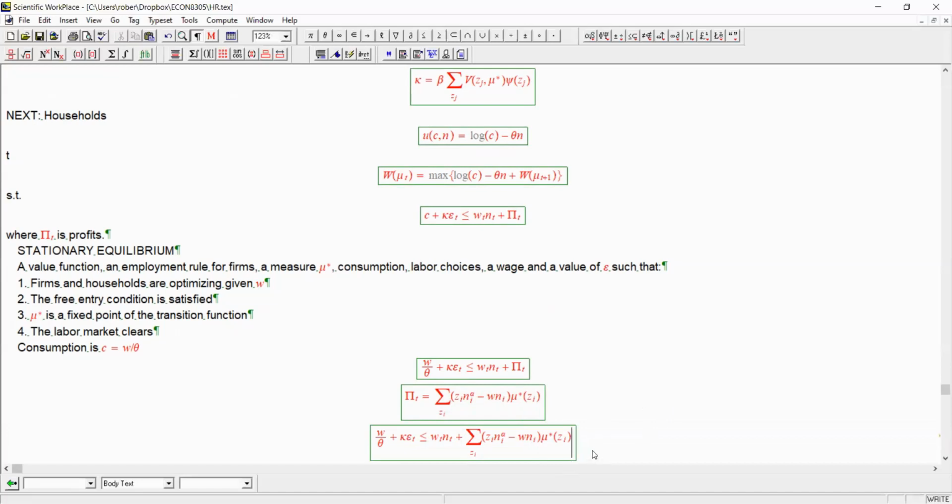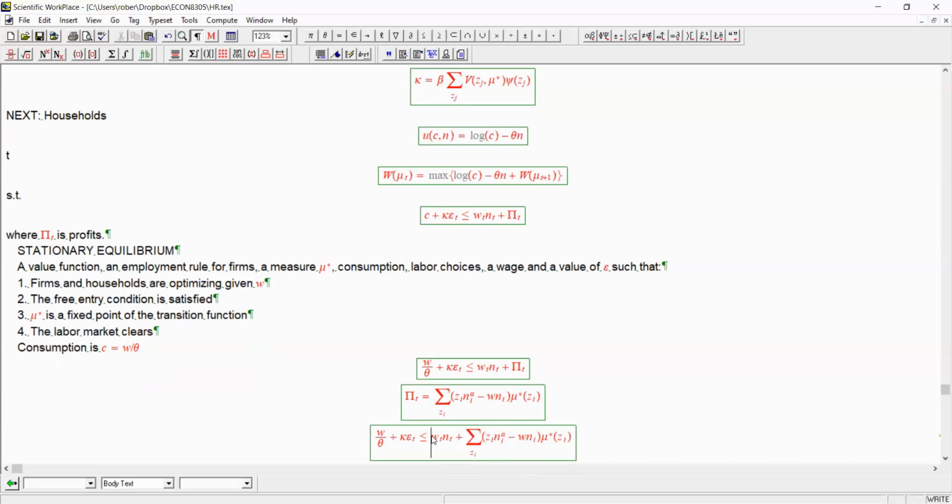Why? Because think about what is going to be the labor market clearing condition. This is total labor supplied. This, if you add over all the firms and weight them appropriately, is going to give us the total labor demand. Now in equilibrium, labor demand and labor supply have to equal each other.